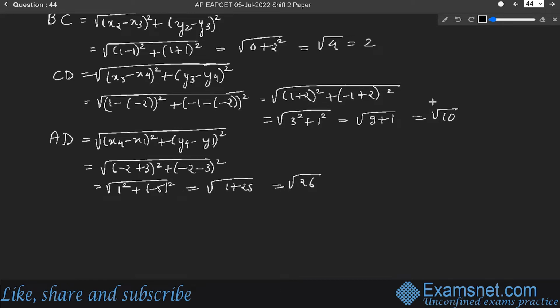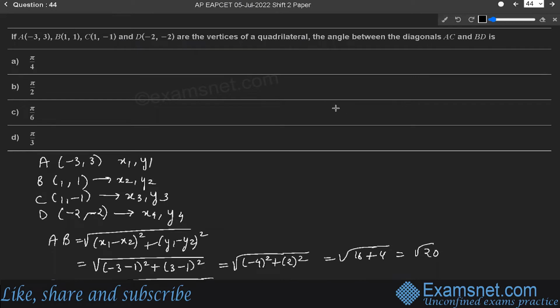Therefore, we can say that it makes a right angle. And if it is a right angle, it means that angle will be 90 degree, which is pi by 2. So we can say that the required angle here is pi by 2, which is option number B here. I hope this question is clear to you.